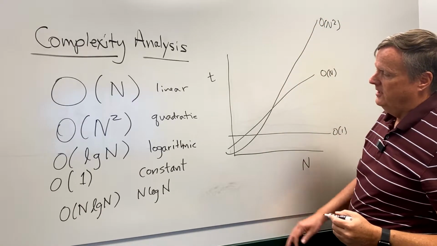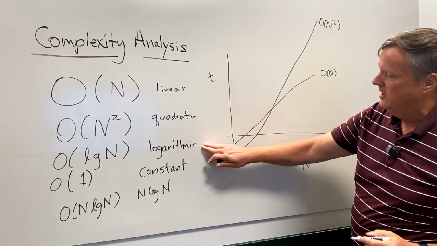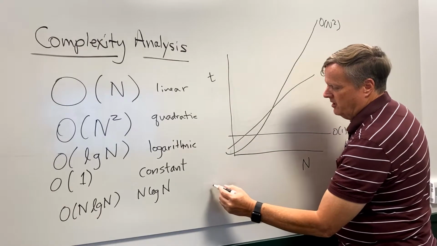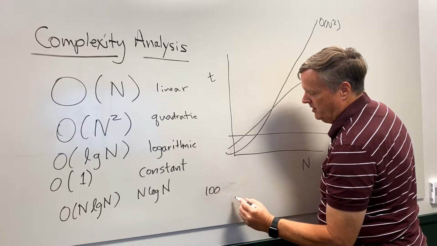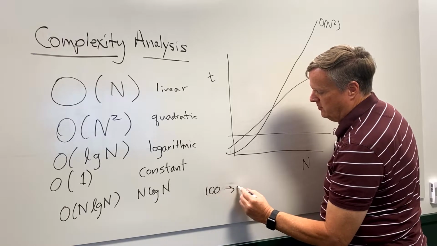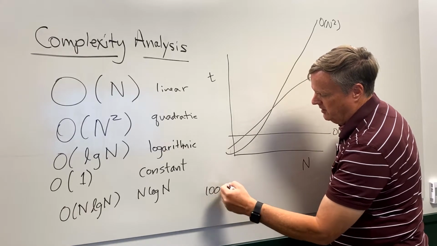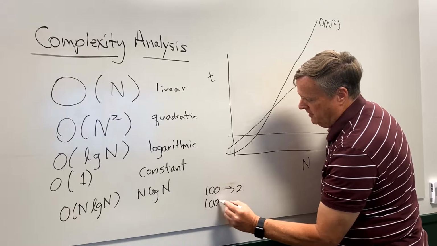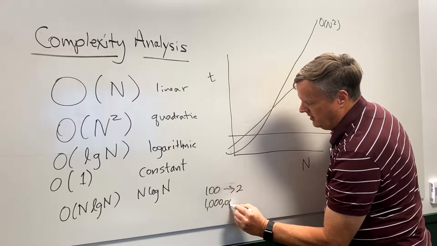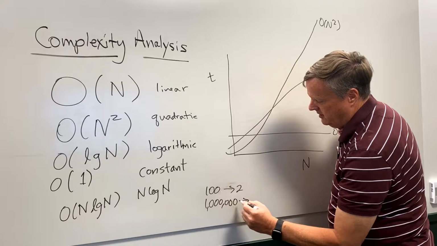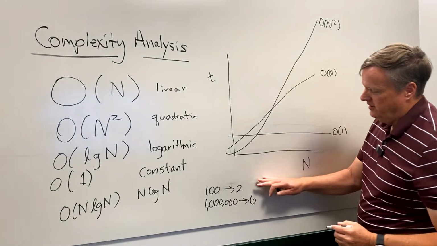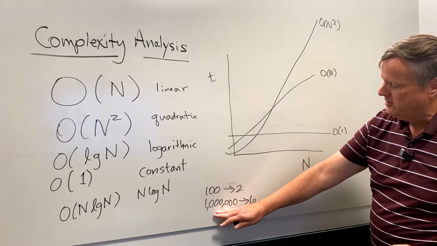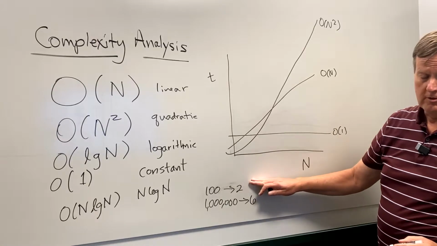Okay, and then finally let's do logarithmic. Logarithms, if you remember your logarithms, so we can have a number like 100. The log of 100 will be 2, it's the number of zeros, or the exponent. The log of a million is just 6. So the n can grow very, very large, but the logarithm grows very, very slowly.